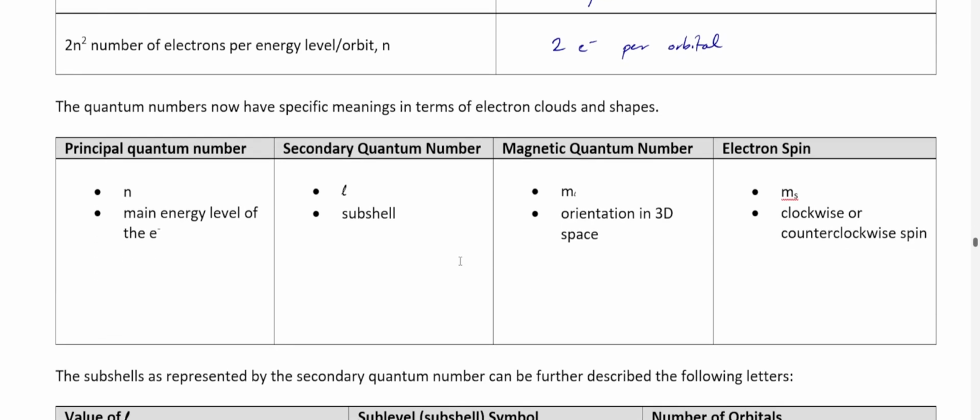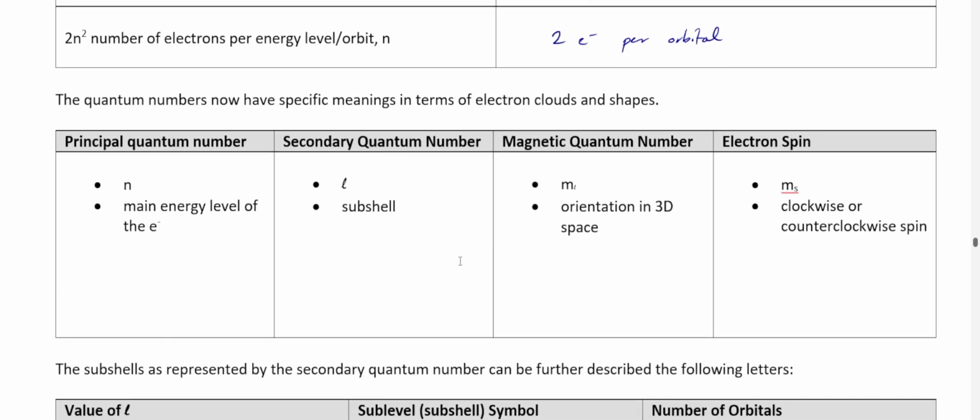So the quantum numbers now have specific meanings in terms of electron clouds and shape. The principal quantum number is n. It's the main energy level of the electron. It gives the distance from the nucleus.